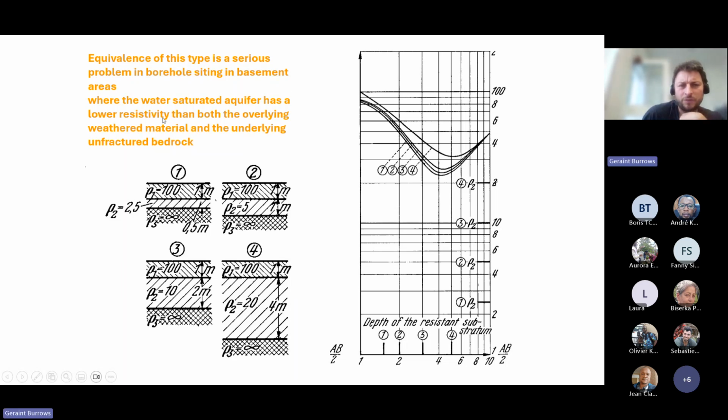So in a basement rock setting, where the water saturated aquifer has a lower resistivity than both the overlying unsaturated weathered material and the underlying fractured bedrock, we have this challenge of equivalence. It is something to keep in mind, and perhaps we can explore that a little bit more when we do our practical later on.